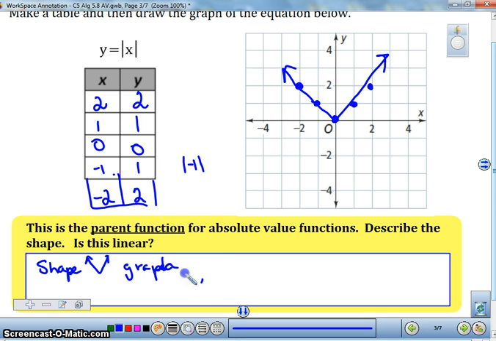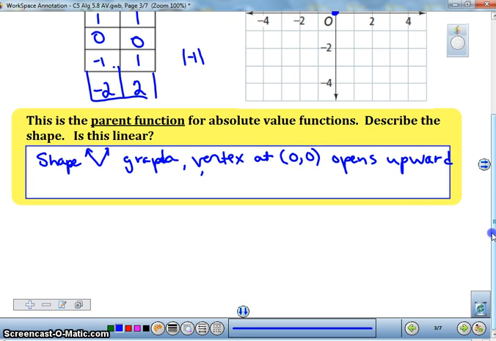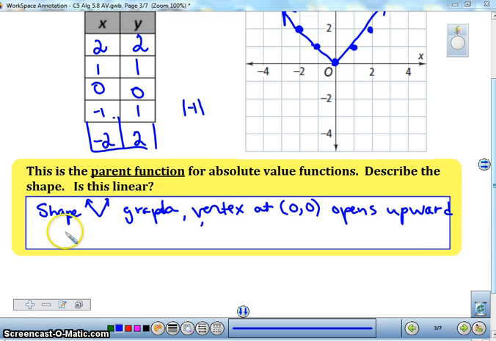The vertex of this graph will always be located at 0, 0, the origin. It opens upward, and this will always happen anytime we're working with absolute value and it's positive. I want you to think about this if you look at this graph. Is it linear?